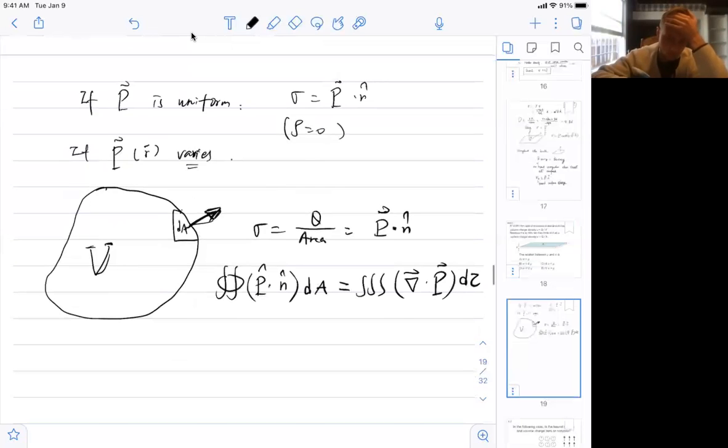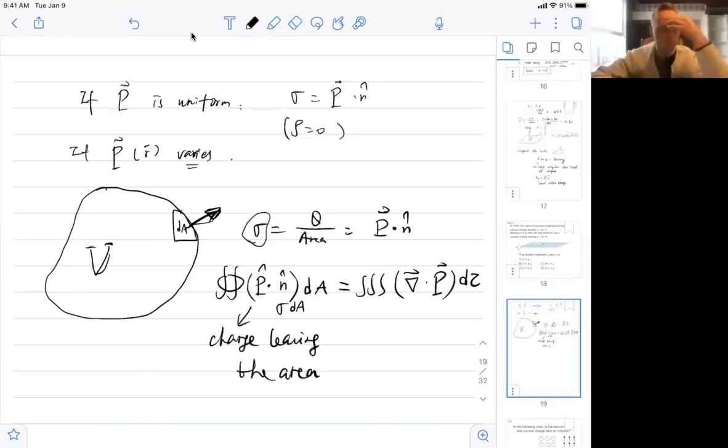What is happening is that you have this amount of charge leaving the surface. It's been polarized, it's been shifted upward. So sigma times A is the charge, which is the charge leaving the volume, and it is equal to this quantity.